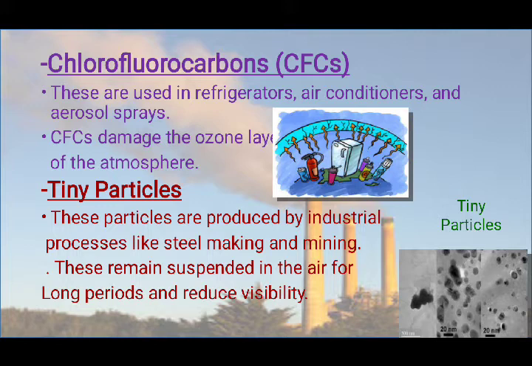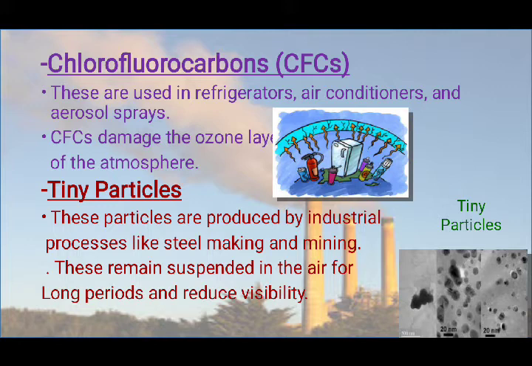So CFCs are the air pollutants which are damaging the ozone layer. And if our ozone layer gets damaged, then the ultraviolet rays can reach the earth, which have a very harmful effect on the living as well as the non-living components present on the earth.